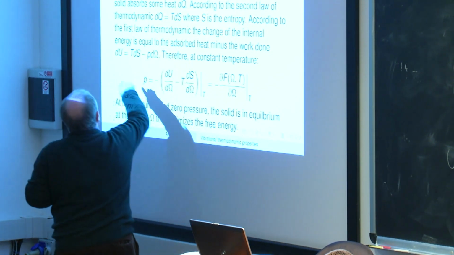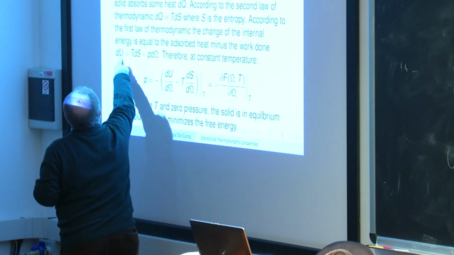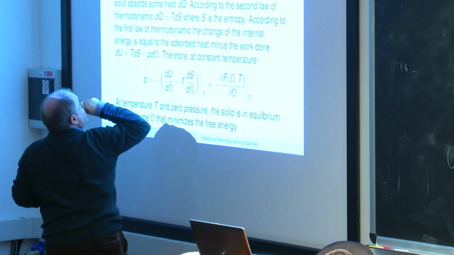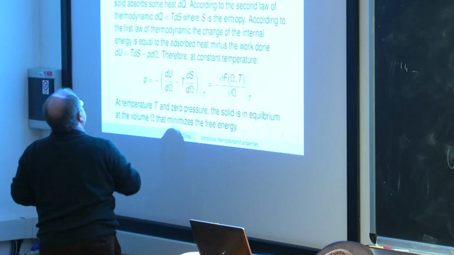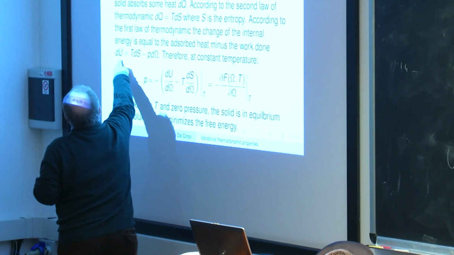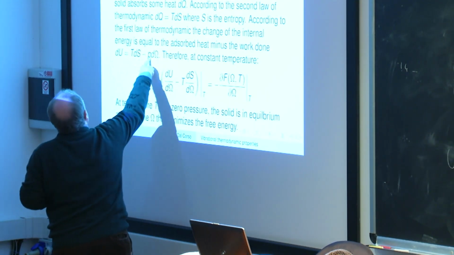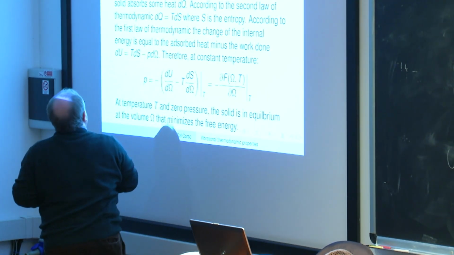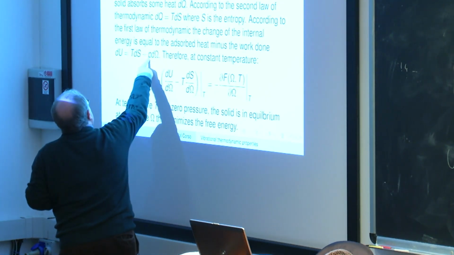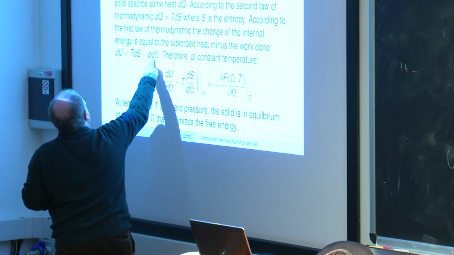And so the change of the internal energy of the solid will be minus the work that the solid has done, this is the first principle of thermodynamics, plus the heat that we give. So this is the change of internal energy for this change of volume. And from this, we can get the pressure. We divide by the volume.